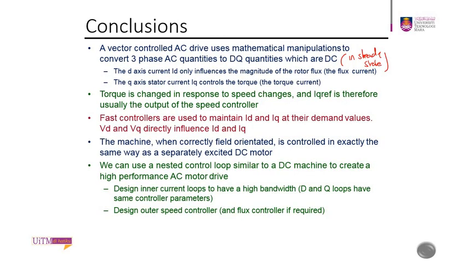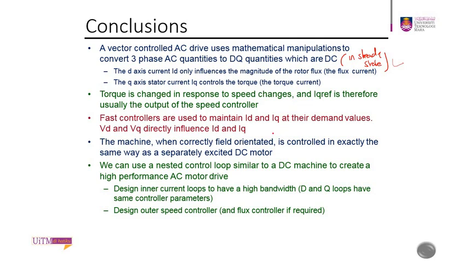So in conclusion, vector control AC drive uses mathematical manipulations to convert three-phase AC quantities to DQ quantities which are direct current DC, in the condition that it is in a steady state. So torque is changed in response to speed change, and the IQ reference is therefore usually the output of the speed controller.